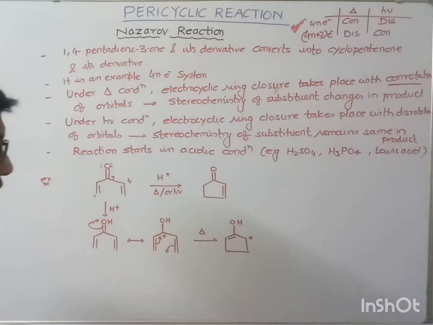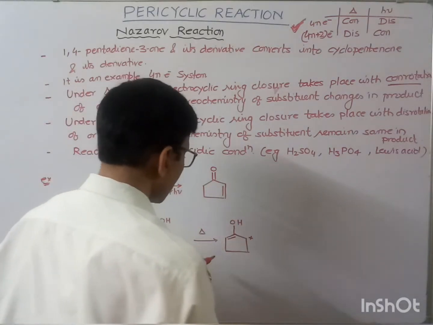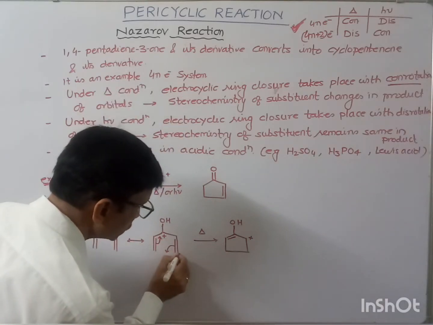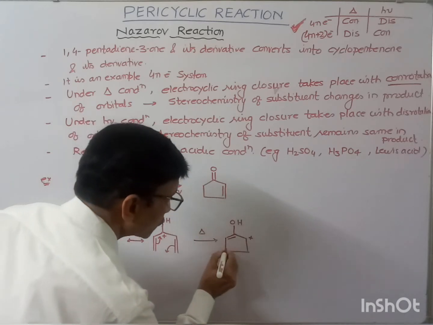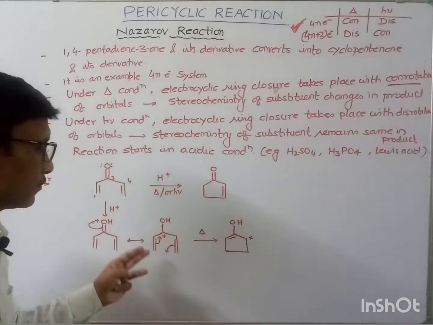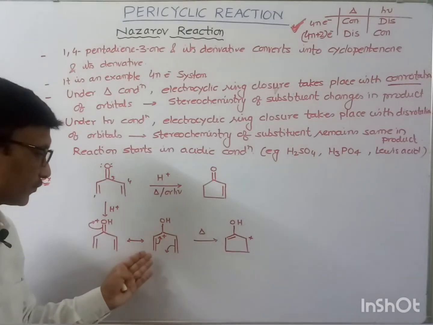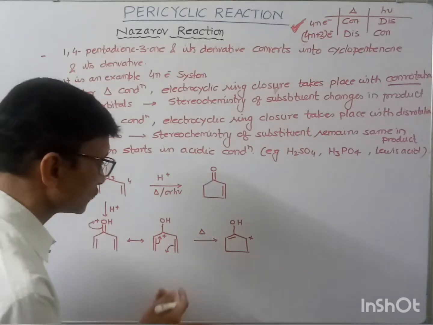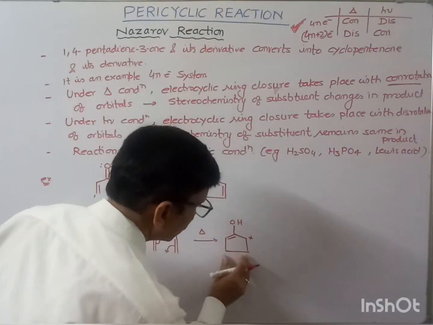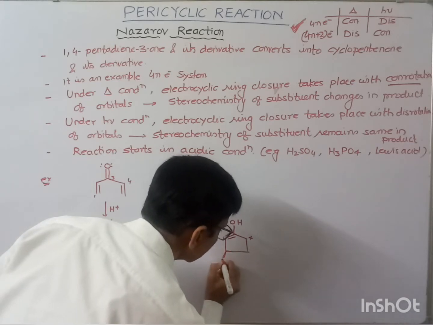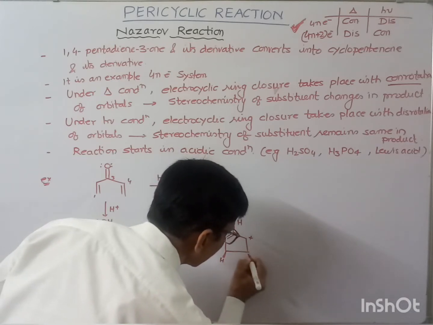Okay. Now here if you see, after this ring, hydrogens are present at this position. If both hydrogens are the same substituent, then there is no question of stereochemistry. Otherwise, if this hydrogen is present, then one of the hydrogens we may write like this, and another hydrogen.